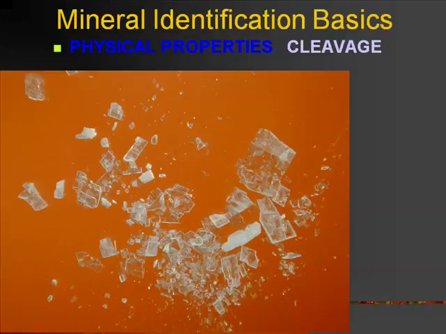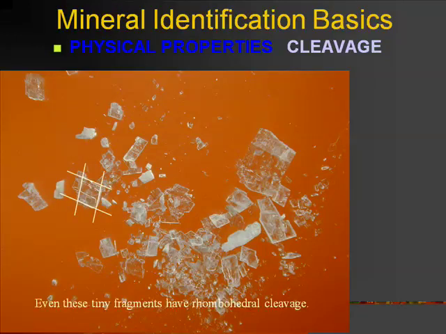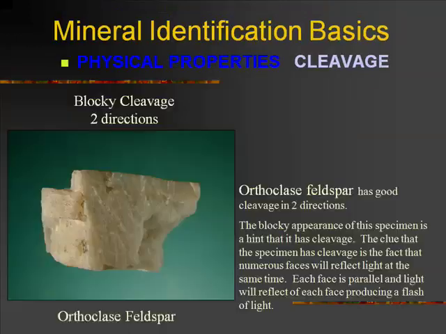But each piece will show you the same kind of orientation of this cleavage plane. So it's not just the number of cleavage planes, but also the angle between them that helps you to distinguish this mineral, calcite, from halite, which has cubic cleavage.